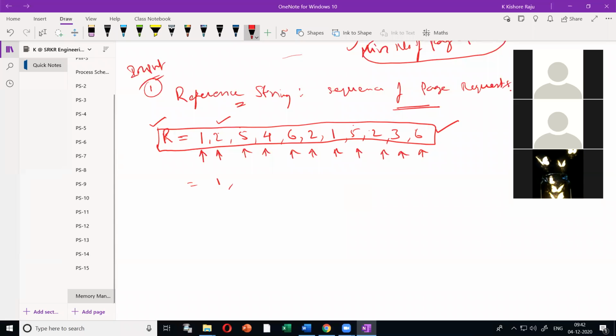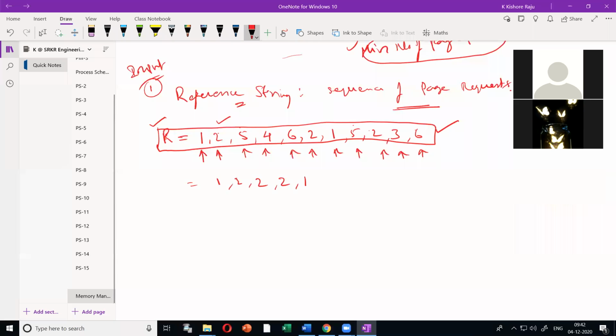Now suppose I write 1, 2, 2, 2, 1, 5, 5, 4, 6, 6, 6, 3, 2, 1. If the reference string is like this, it is an invalid string. You should not represent it like this.